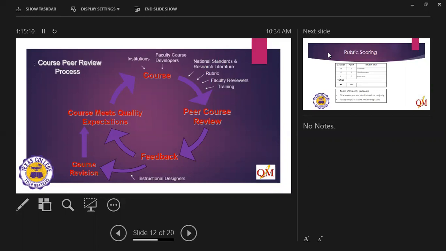puts in place processes for course design. So faculty will develop and design courses and use some rubrics such as the QM rubric.